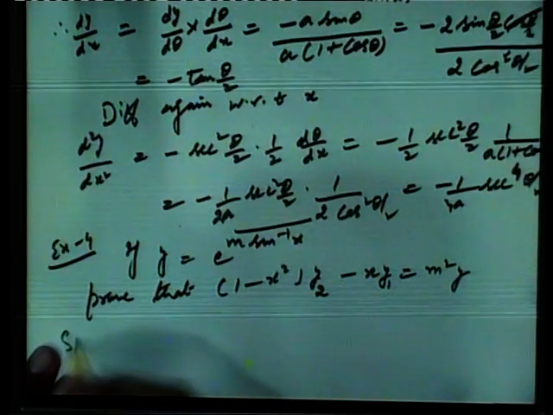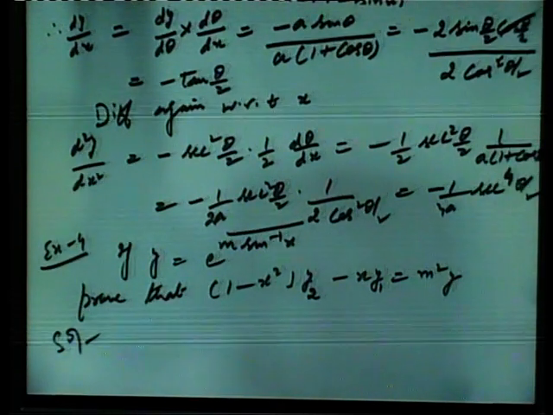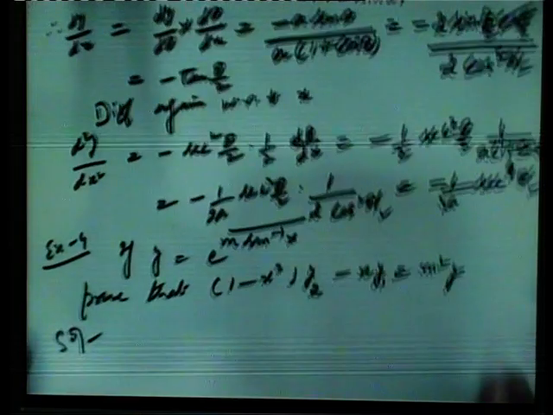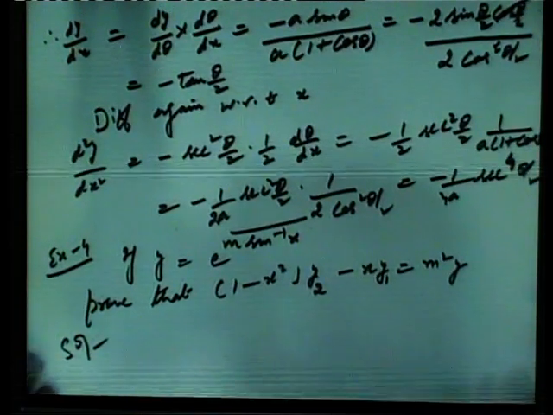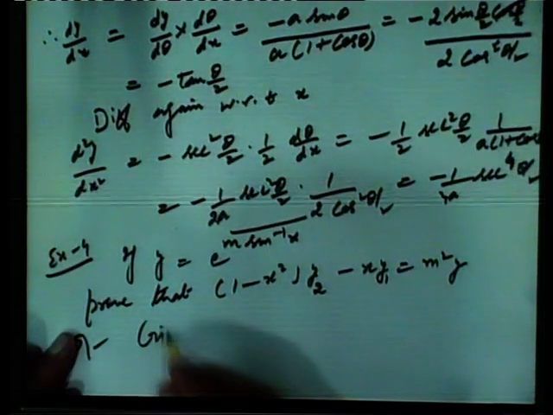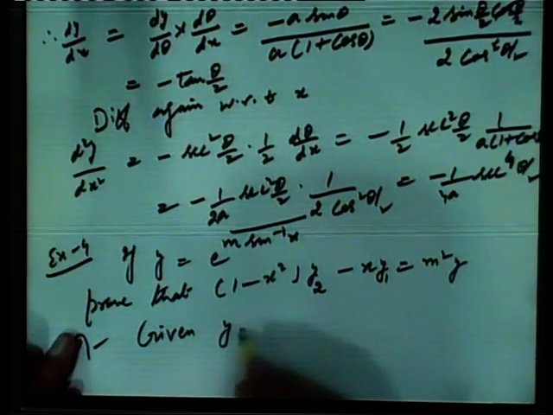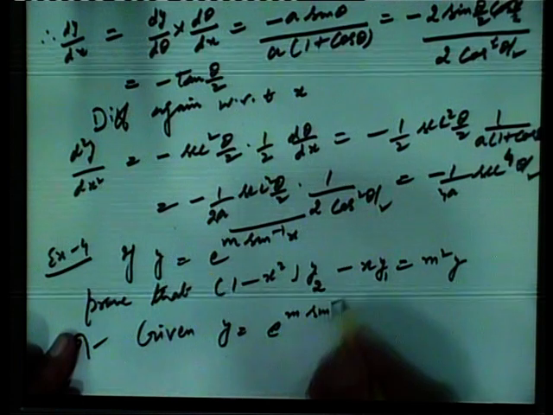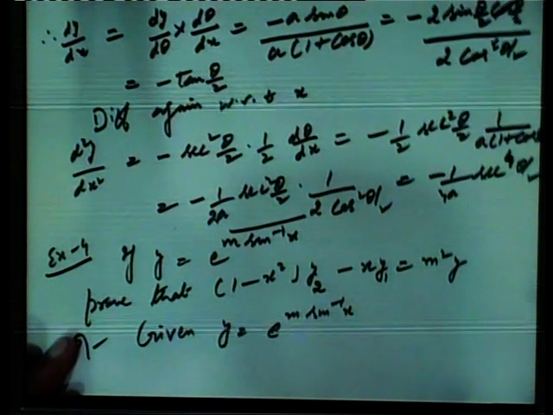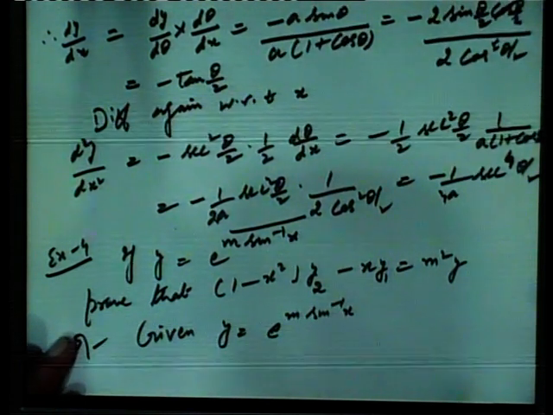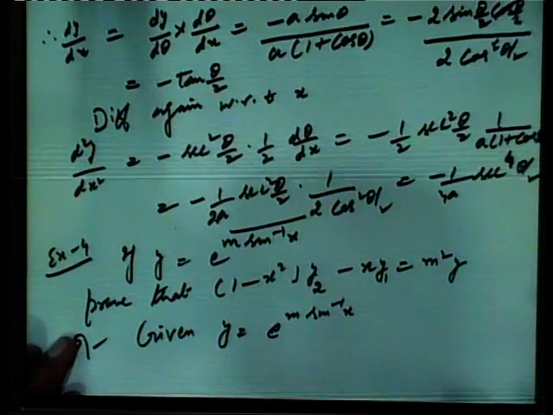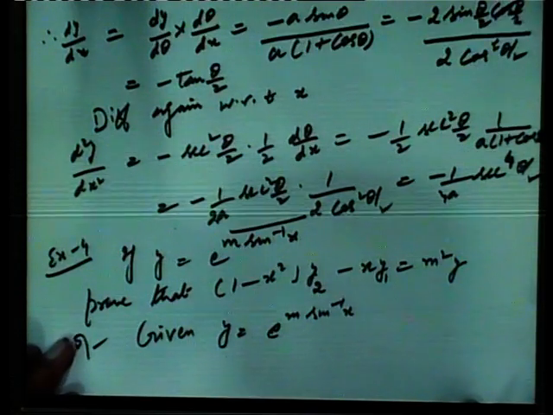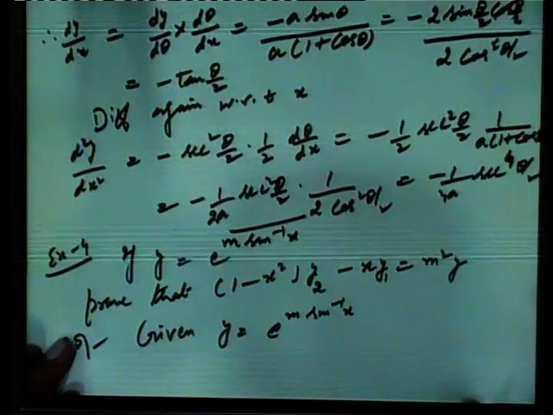You have given y is equal to e raised to power m sin inverse x. You see that we want to prove that (1 minus x square) into y2 minus x y1 is equal to m square y.